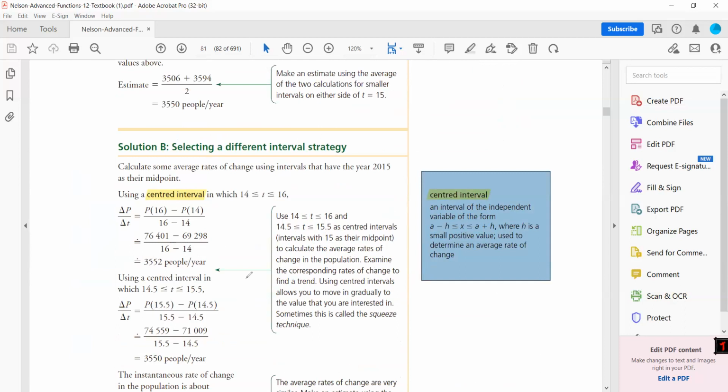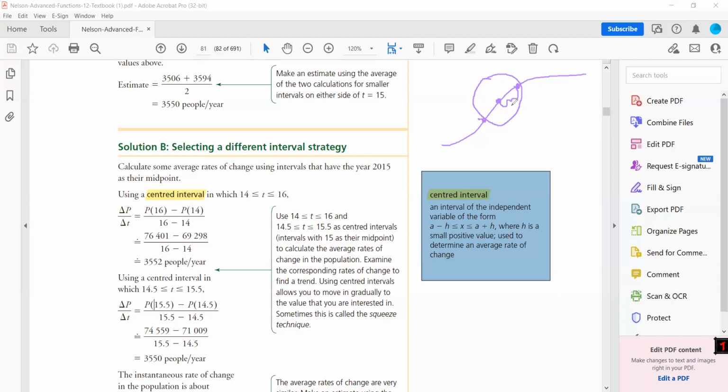And take a look at this, it's very interesting. If we take an average rate of change, for example, if this is the curve, this is our point, this is the preceding interval, this is the following interval, and this is the centered interval. And this step, h, defines how accurate our estimate would be.